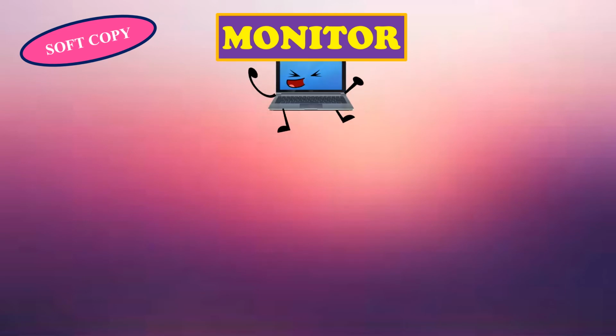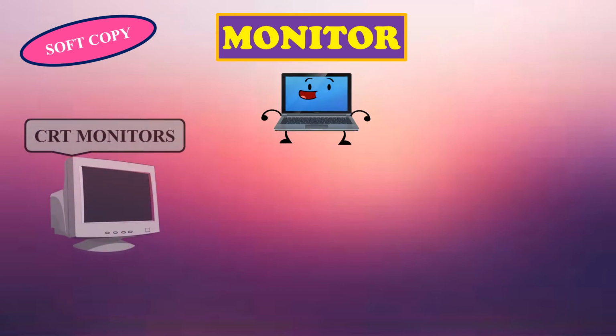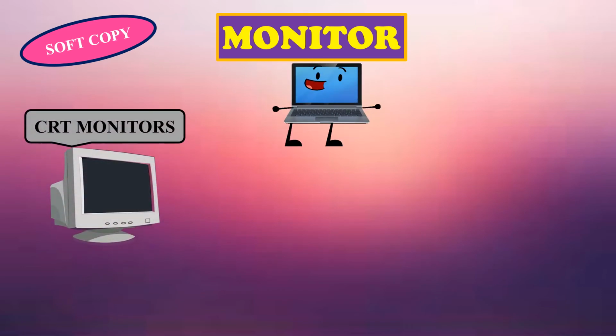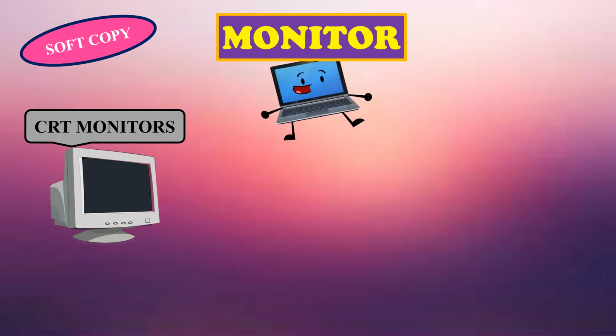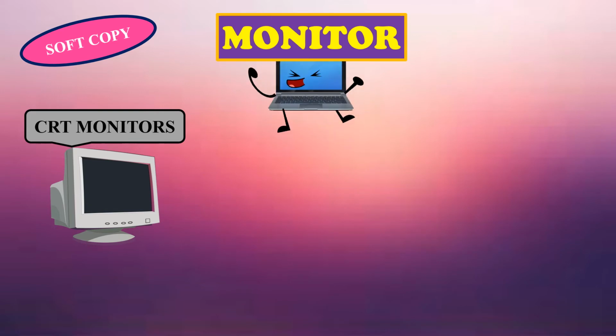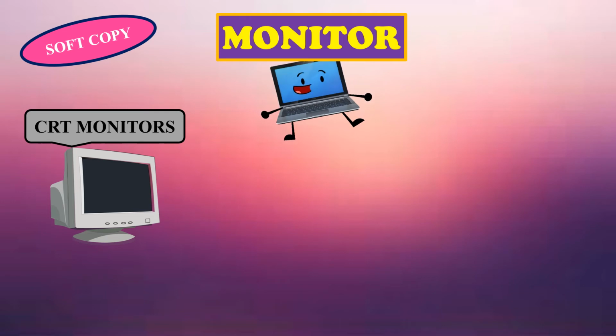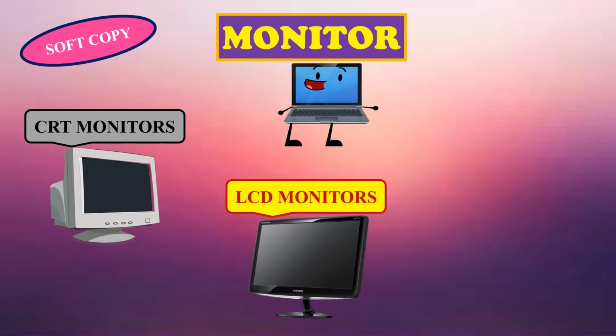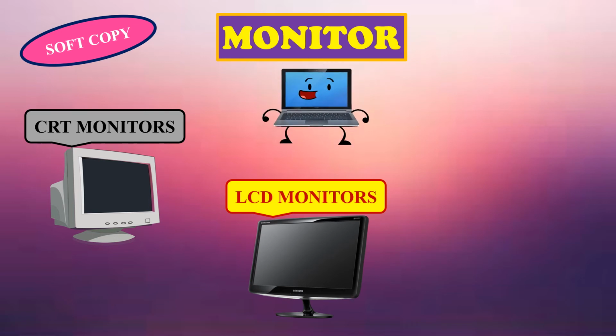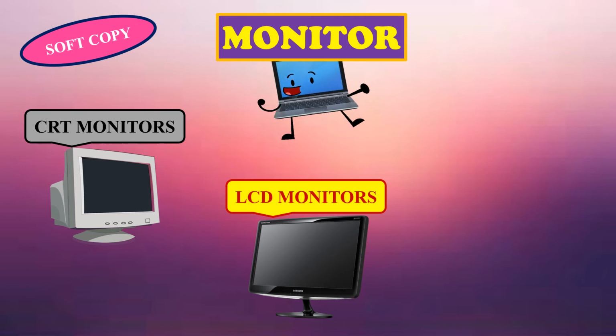Now we have different types of monitors. First one is the CRT monitor. CRT stands for cathode rays tube. So CRT monitors are big in size and they consume more power. Next we have the LCD monitors. LCD stands for liquid crystal display. These are the flat screen monitors and they consume less power.